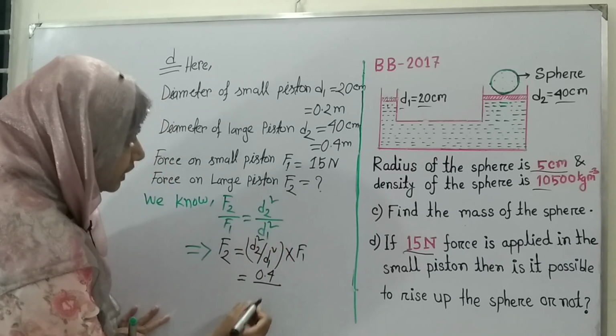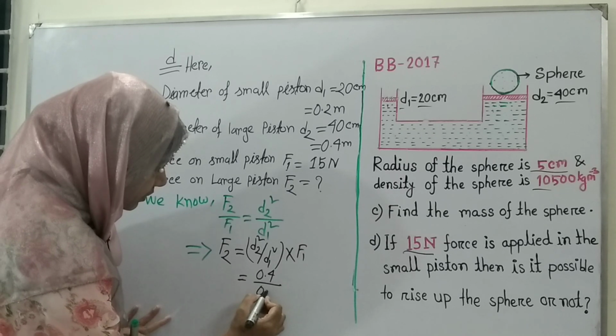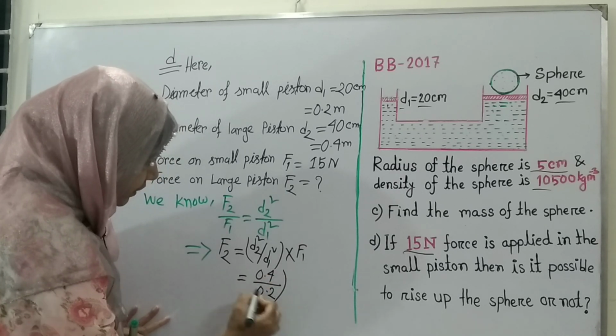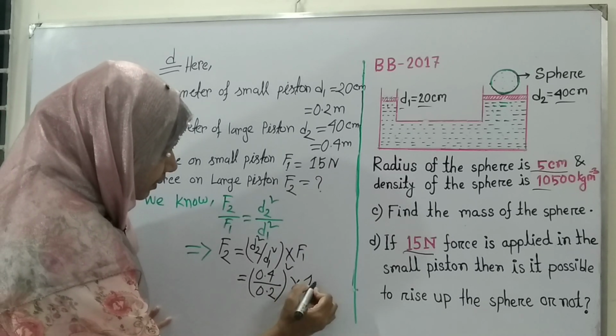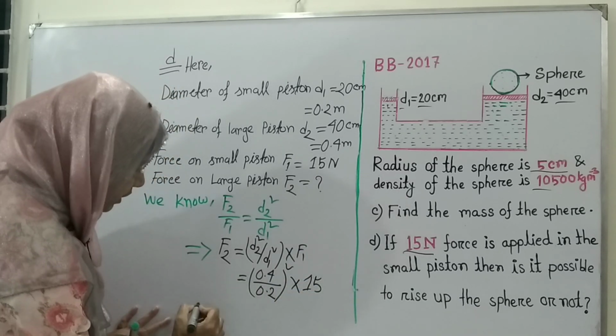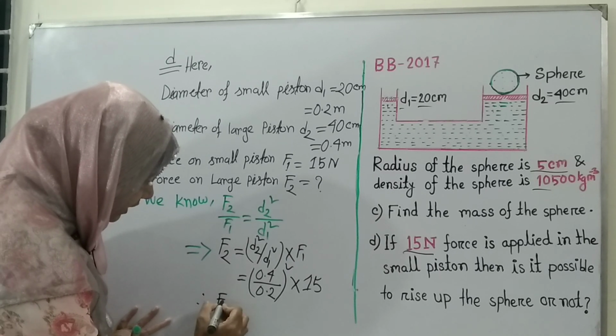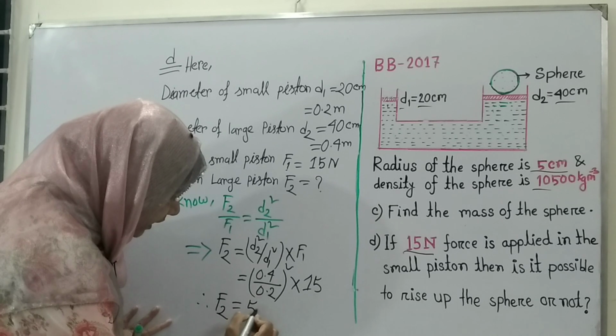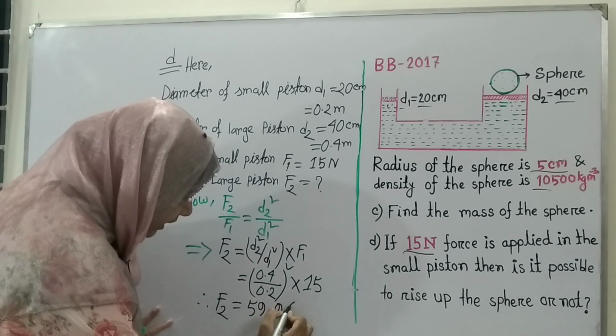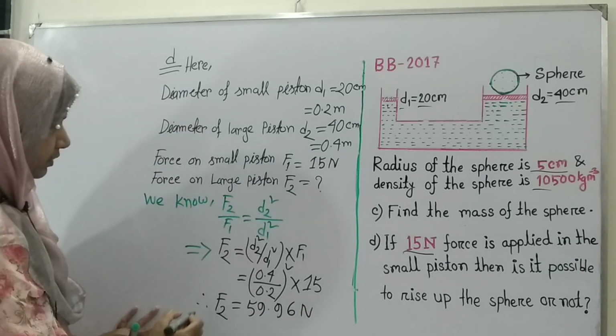The value of D1 is 0.2. We can write that it's the whole square. Now the value of F1 is 15 Newton. So after calculating it, you will get the value of F2 equals to 59.96 Newton.